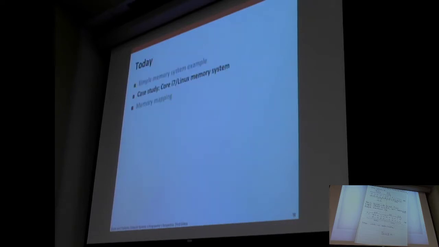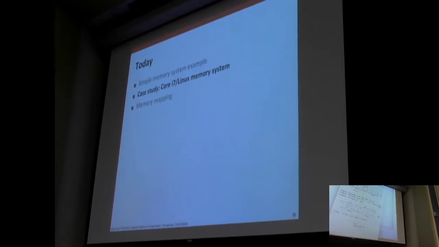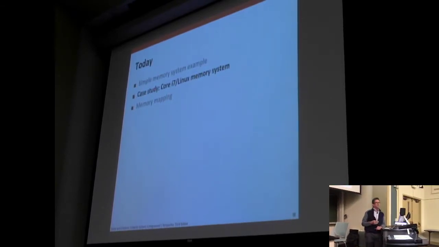Now I want to talk to you about how this all works in a real system. In this case, it's a Core i7 system from Intel. It's an x86-64, a family of high-end desktop systems, similar to the Shark machines that you use to do your labs.